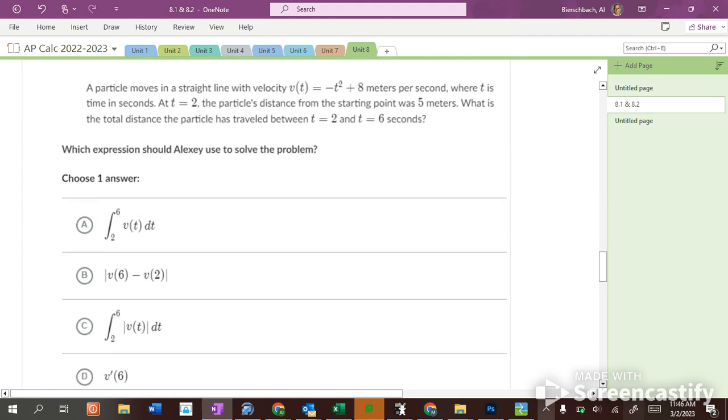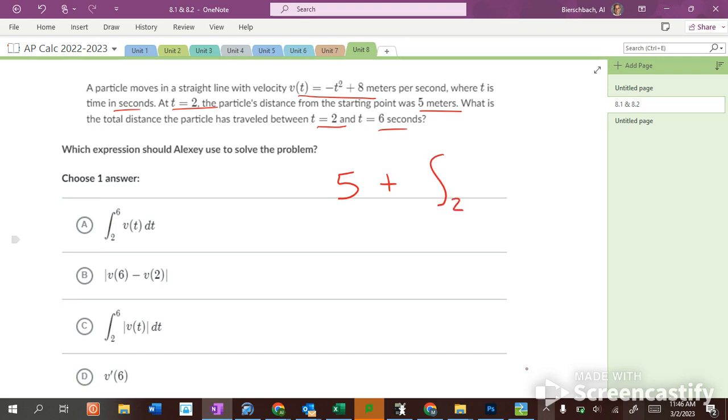So, a particle moves in a straight line with a velocity of this, where t is time in seconds. At 2, it was 5. What is the total distance traveled between 2 and 6? Well, we would start out at 5 at 2 seconds, and then we would add on the particle going from 2 to 6 seconds with the velocity of negative t squared plus 8.